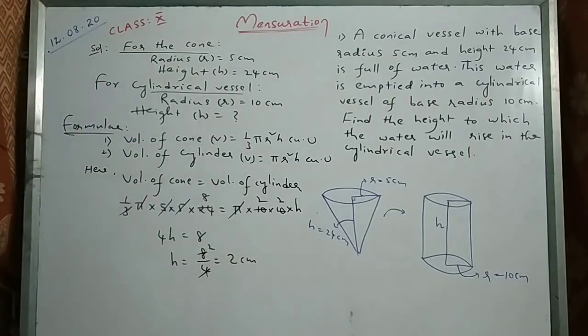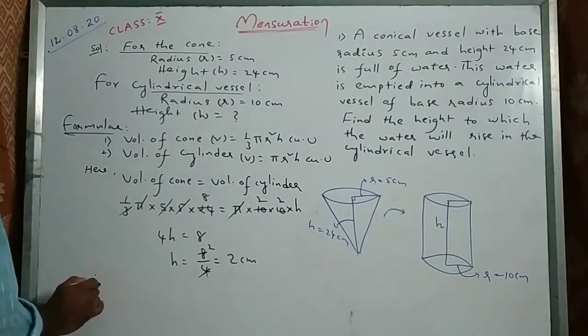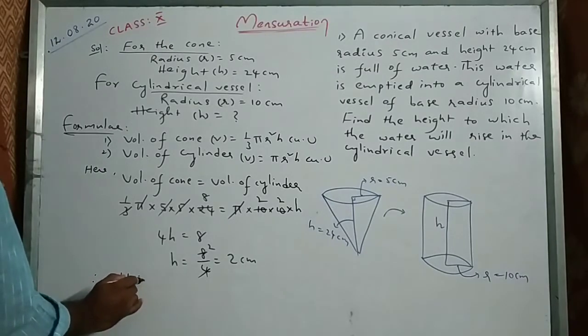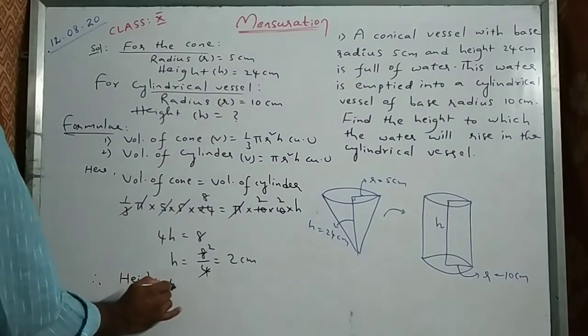Therefore, what is the height here? Therefore, height to which water rises in cylindrical vessel is 2 cm.